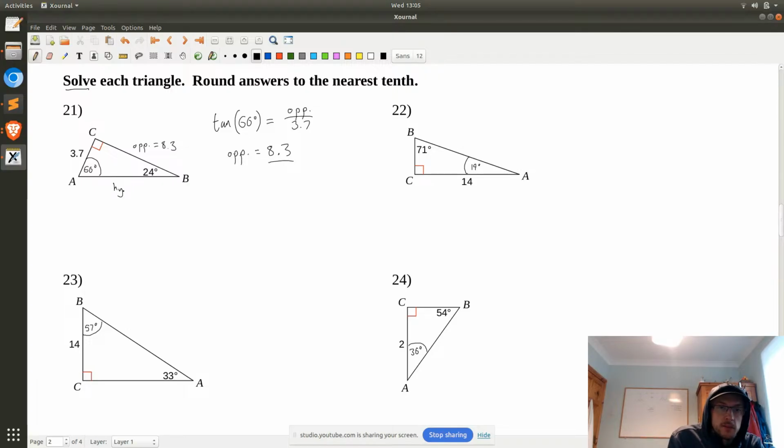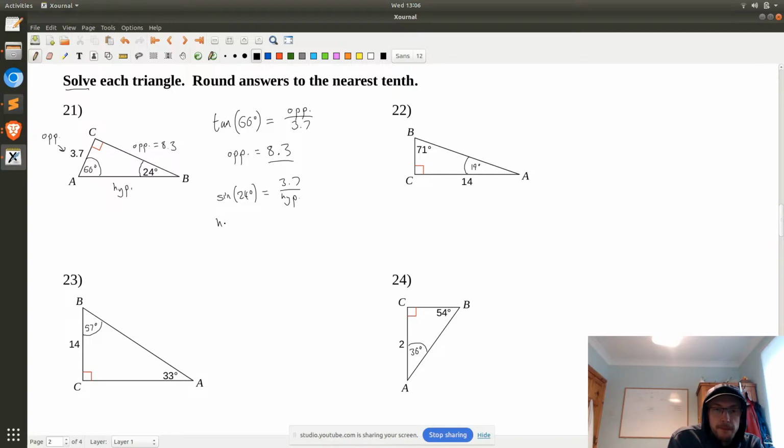So what does that mean? Well, the information I was given is that this is the hypotenuse. This side here, 3.7, is actually opposite to the original angle I was given, which is 24 degrees. So who mentions opposite and hypotenuse? That would be sine. So sine of 24 is 3.7 over the hypotenuse, which I don't yet know.